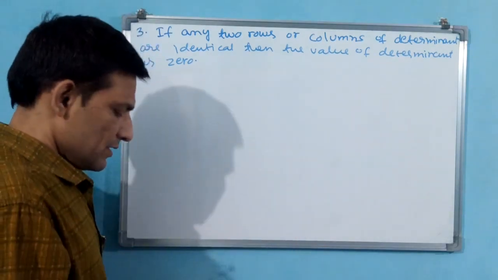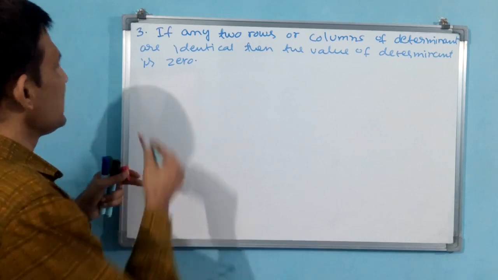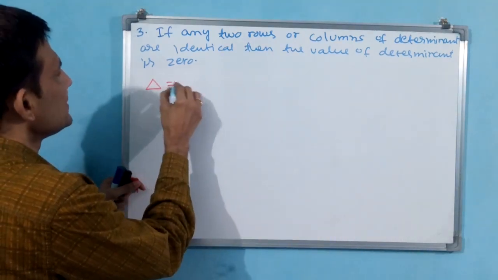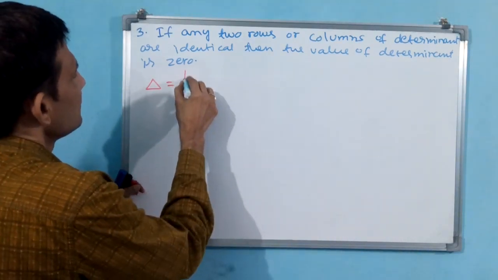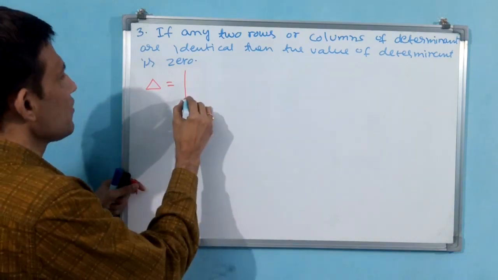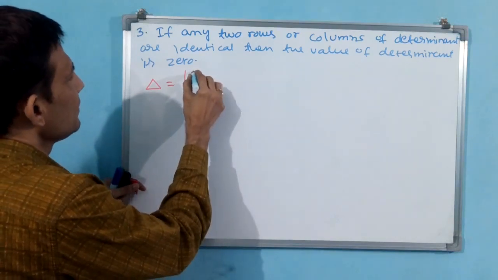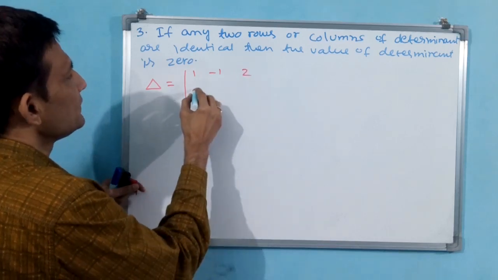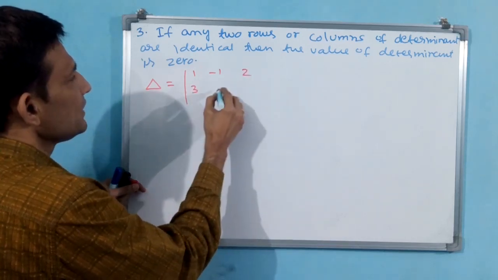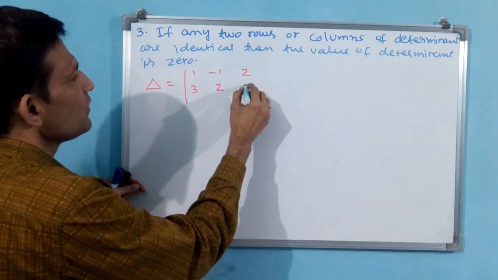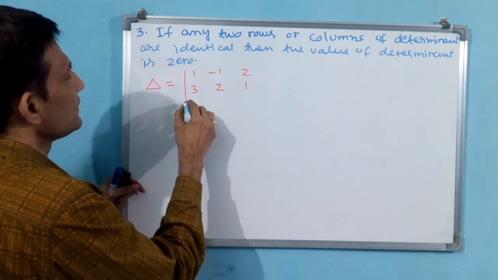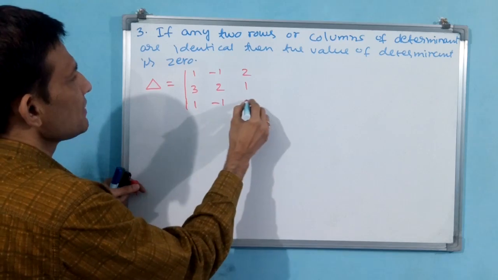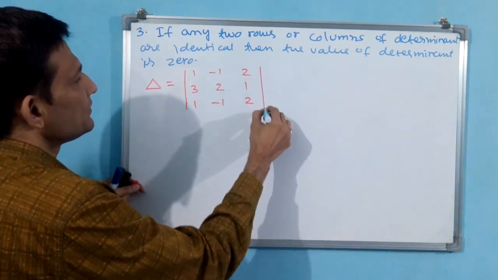Delta is equal to, for verification we are taking numbers: 1, minus 1, 2; 3, 2, 1; 1, minus 1, 2.